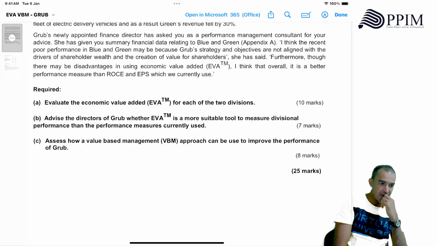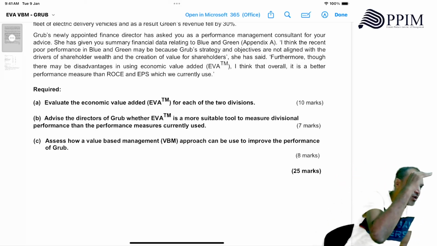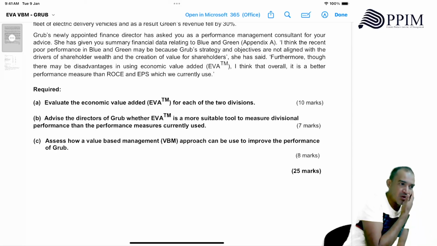EVA, with many advantages, such as: so now we could write about 4 or 5 points on the advantages of EVA and then conclude, right?